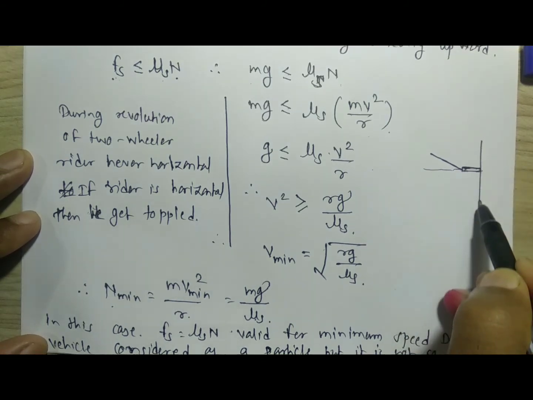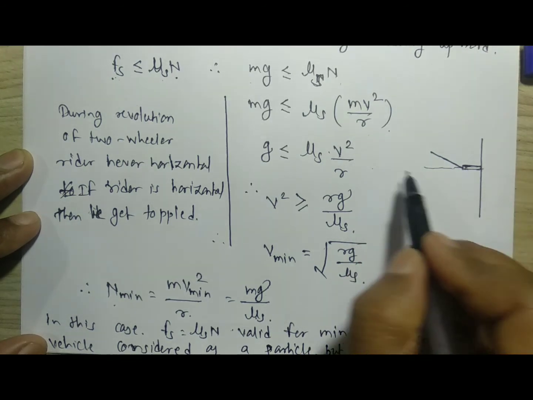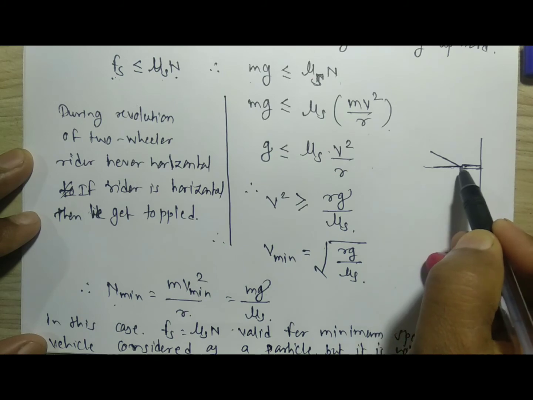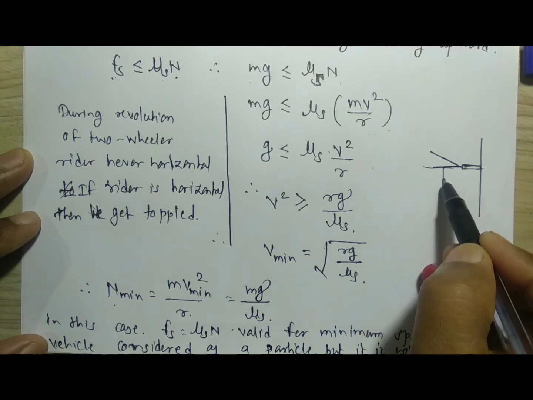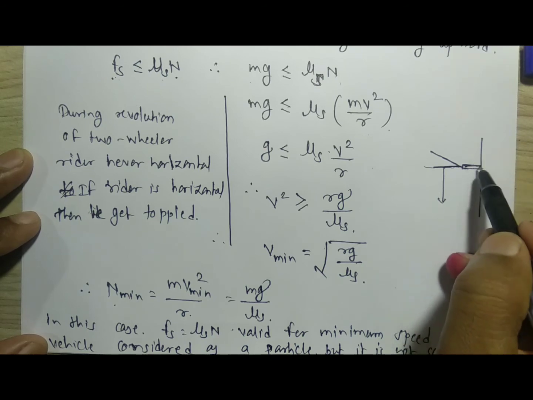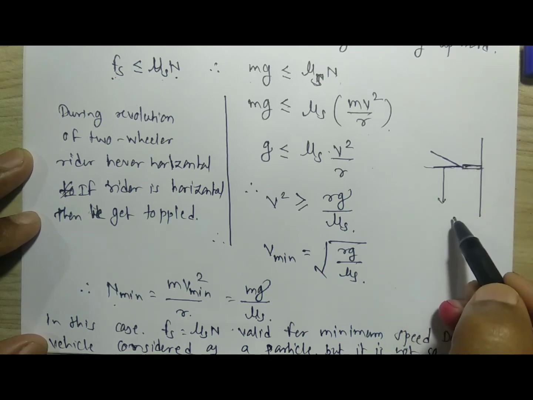Otherwise, when it moves on the wall of death, at that time he becomes horizontal. At that time, the toppling force moves in the downward direction and the rider goes inside the wheel.